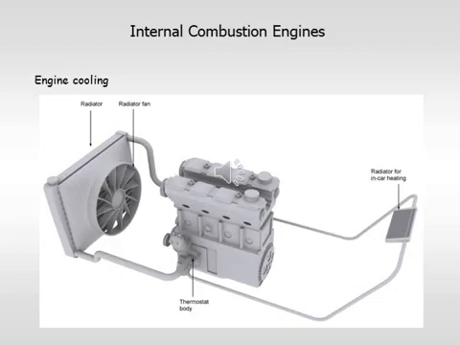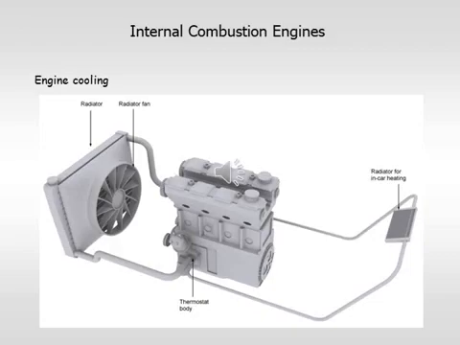These explosions produce an enormous amount of heat, and if not controlled, will destroy an engine in a minute. So, to control the high temperature, we use the cooling system.